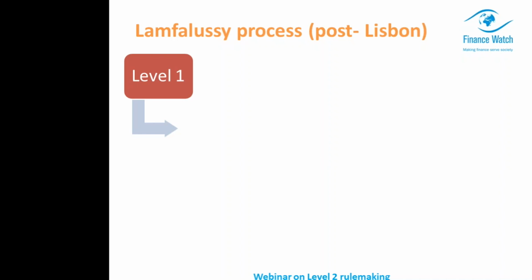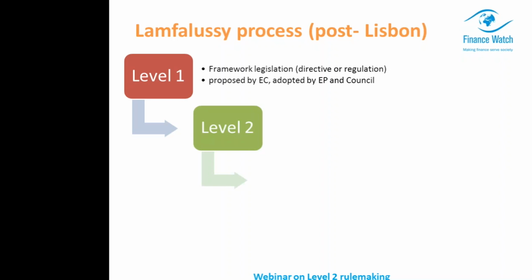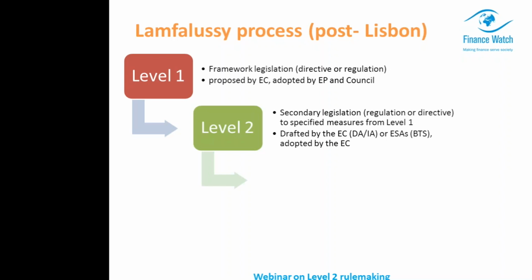So we still have the level 1, which is the framework legislation, directive or regulation, proposed by the Commission and adopted by the Council. This regulation can delegate certain measures to the Commission. So now we are talking about level 2, the delegation of certain powers, which is in the framework legislation, to the Commission. It's the delegation to create the acts.